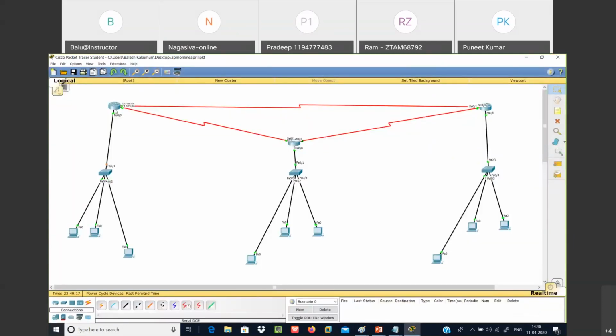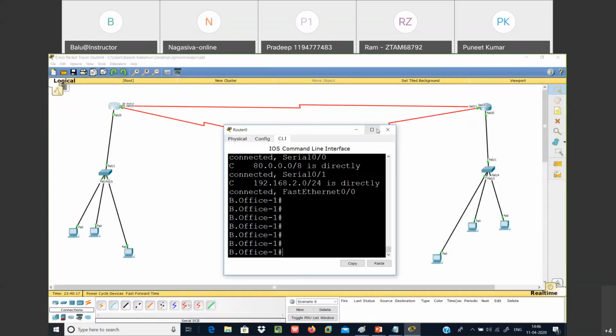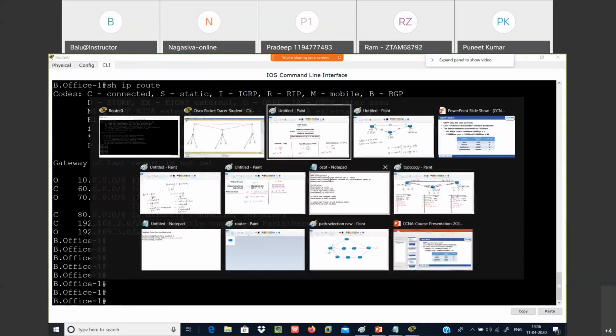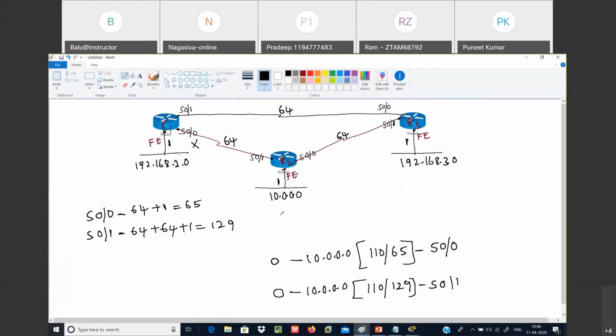Now, if we check OSPF, the 10 dot network is 65 via serial 0/0. Clear, guys? This is the default calculation. But my requirement is different. The default cost value is 64, but we can change it. This is our requirement, we can change it now.